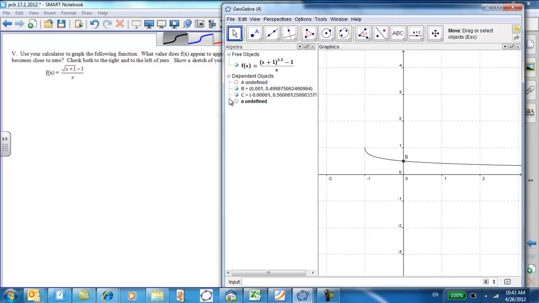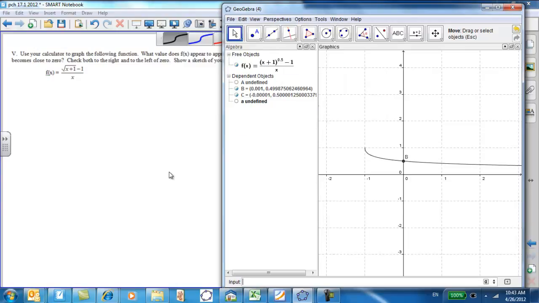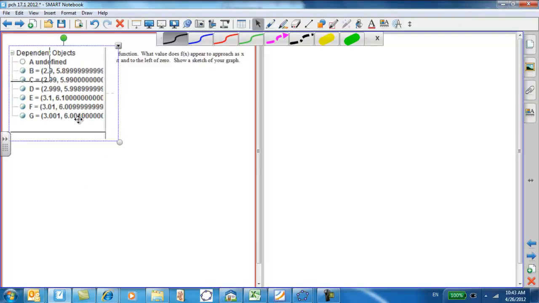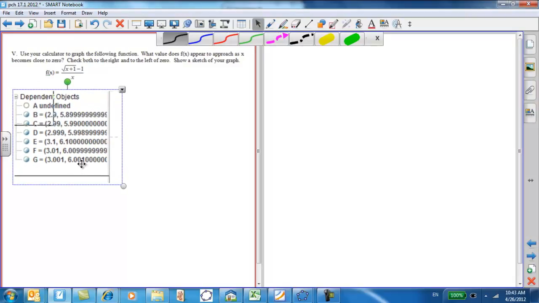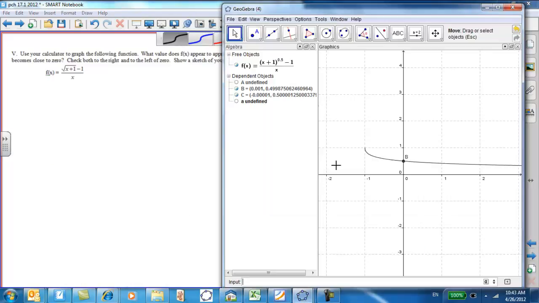First of all, let me just cut and paste the picture here, graphics via clipboard. That was from before, sorry. Let's instead get our picture back. I do want to get these points that we did over here before.